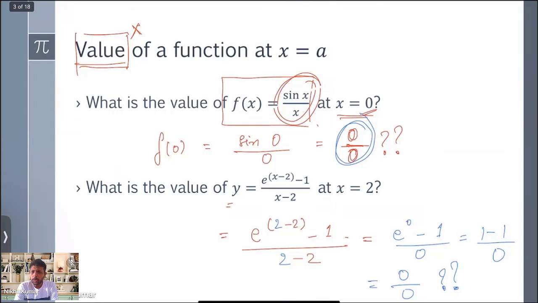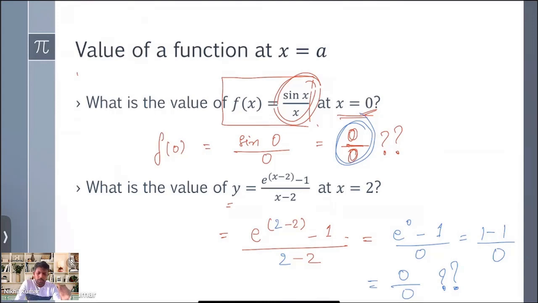So we just saw that it was difficult to find out the value of some functions. I gave you a couple of examples: the value of some functions at some specific values. For example, the value of sin x upon x at x equal to 0, we couldn't find the exact value. Similarly, the value of the second function, e to the power x minus 2, minus 1, upon x minus 2, at x equal to 2 was difficult to find.